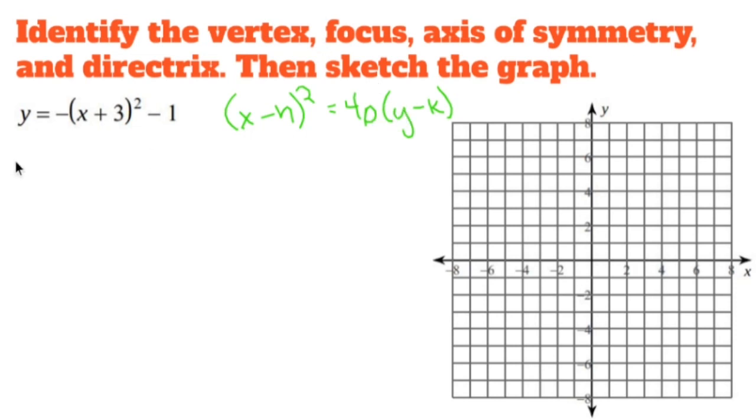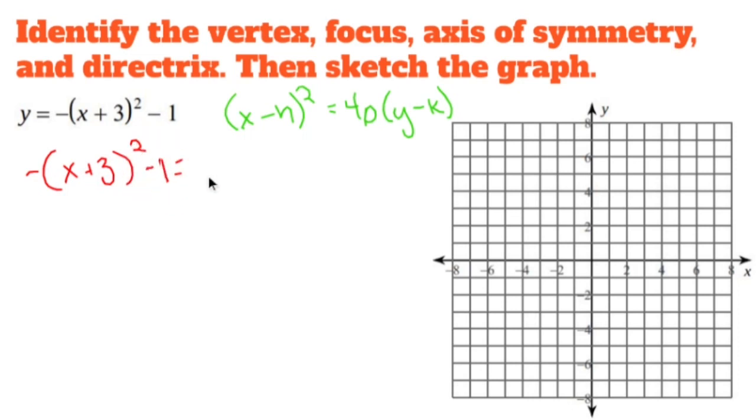So what I'm going to do first is I am going to flip things. Let's just completely flip everything. We've got negative x plus 3 squared. I'm actually going to keep, now I'm going to still flip it.